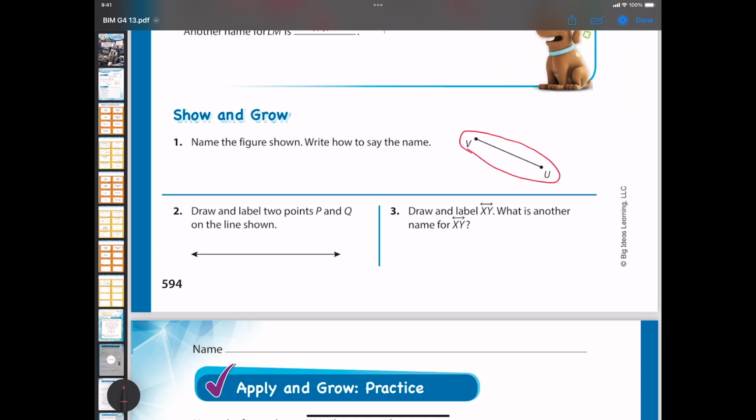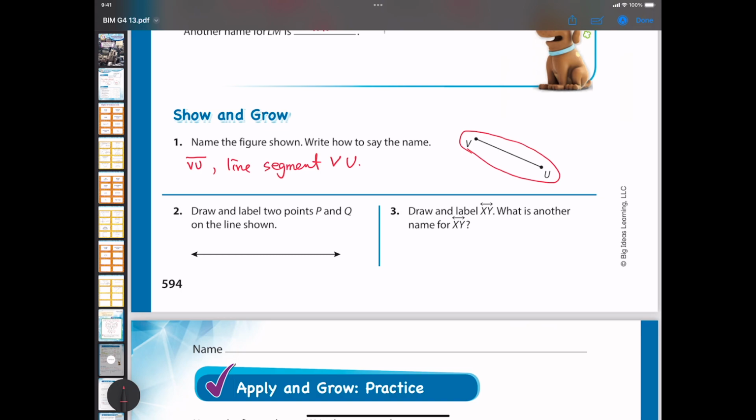And the symbol is what? Just a short line. And then you can put VU under the line. That symbolizes the line segment. And how can you say it? The name is what? Line segment VU. Okay, that's how you say it.